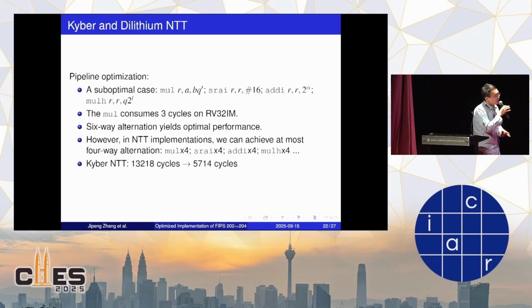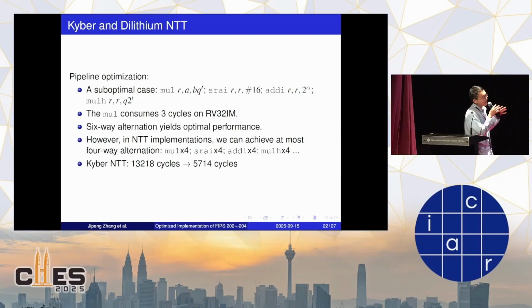And then, this work does not provide any novel techniques to improve NTT, but we found that optimizing the pipeline efficiency will significantly improve the performance of NTT. Let us see a suboptimal case. This instruction sequence computes the Plantard multiplication. We can see each instruction depends on the result of the previous instruction.